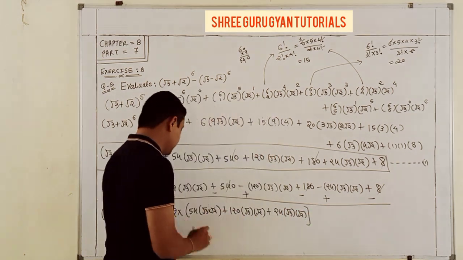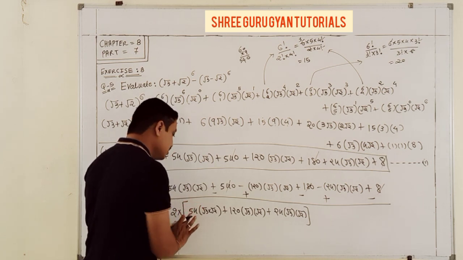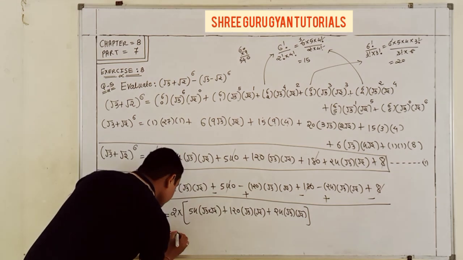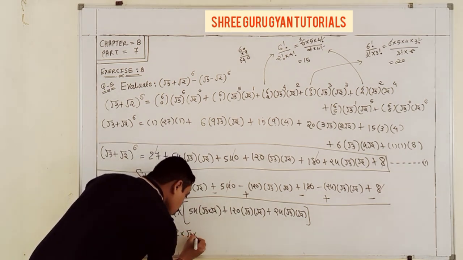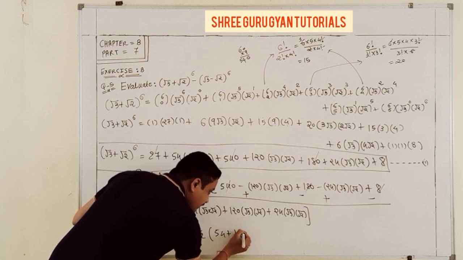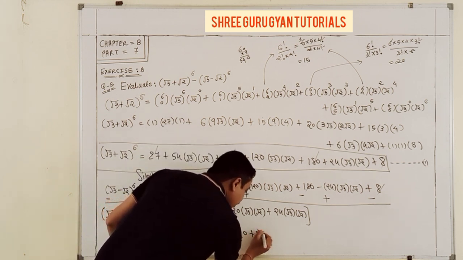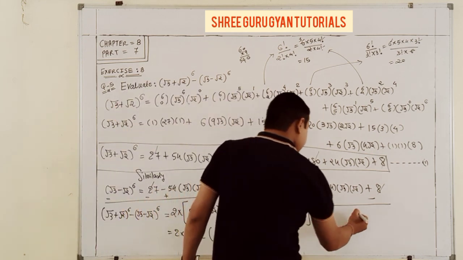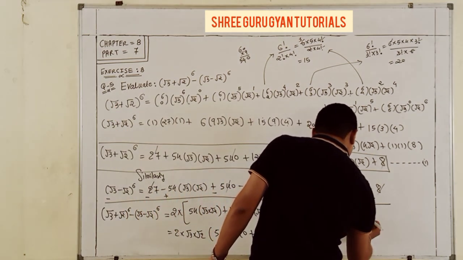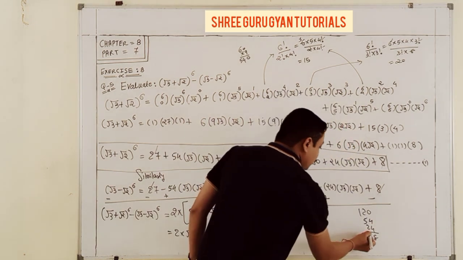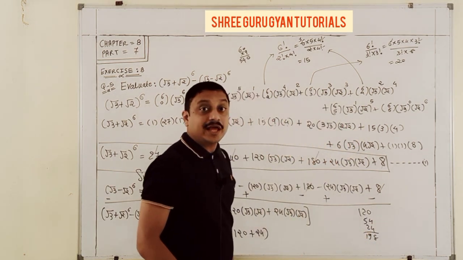Now easily you can get your final answer. Taking √3√2 common, the others are 54, here 120 and that 24. Now add all: 120 plus 54 plus 24, it is 198.